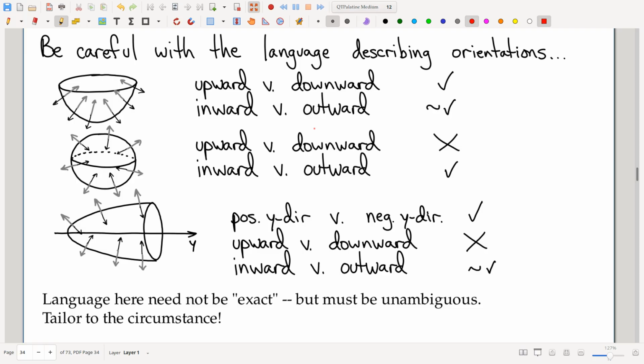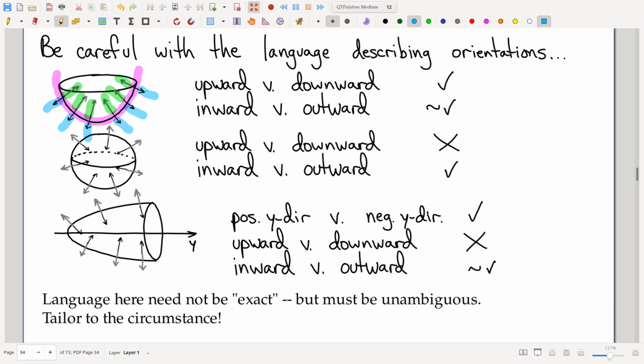So, for example, looking at these 2 possible orientations for this paraboloid. There's a paraboloid. There are 2 orientations. There's this one here, indicated by these green normal vectors, and then there's this one here, indicated by these blue normal vectors. Those are 2 possible orientations.